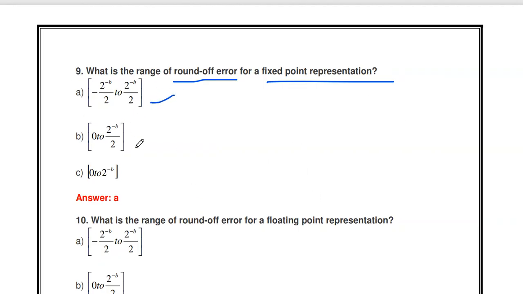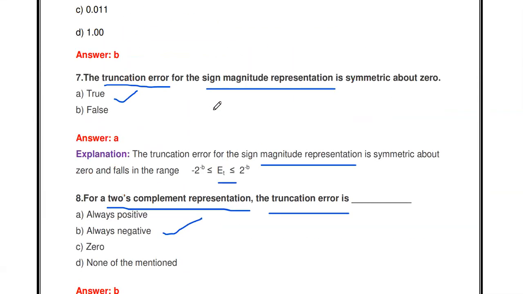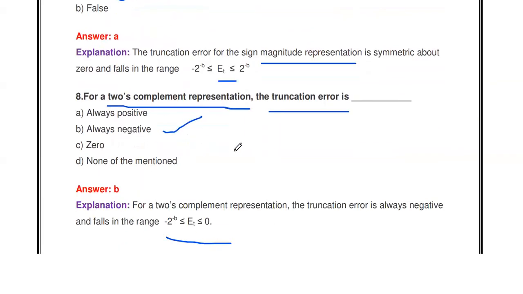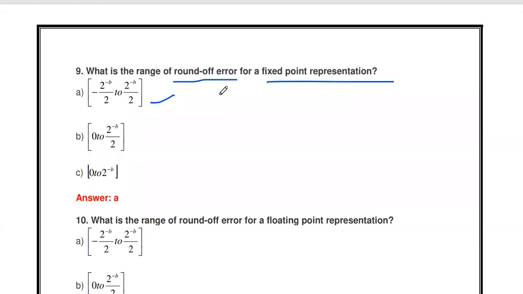You just make a table. Okay, if it is truncation, for a sign magnitude, the truncation error is minus 2 to the power minus b to 2 to the power minus b. For 2's complement representation, the truncation error is minus 2 to the power minus b to 0. Okay, you note down. Similarly, for the round off error, for the process rounding, if it is a fixed point representation, the round off error is minus 2 to the power minus b by 2 to 2 to the power minus b by 2.